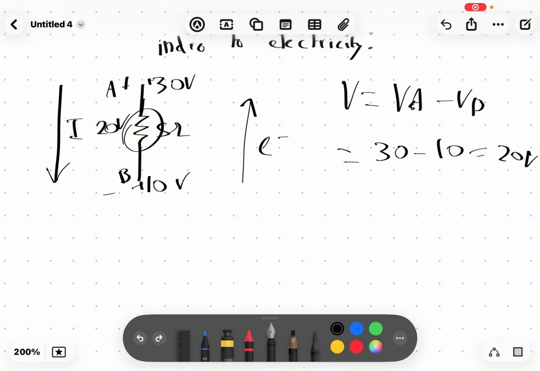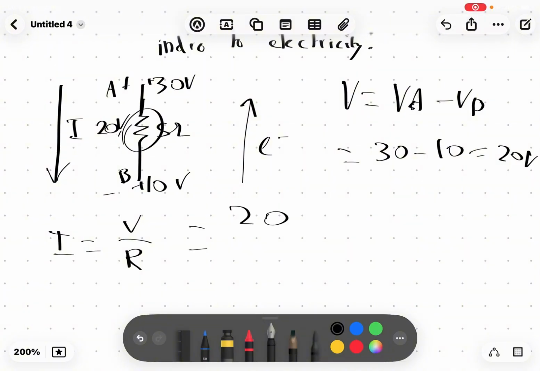After that we're able to find out the current in the resistor, because it's about where it is. Of course, current can be elsewhere too, but we're talking about exactly when it passes the resistor, what the current is there.